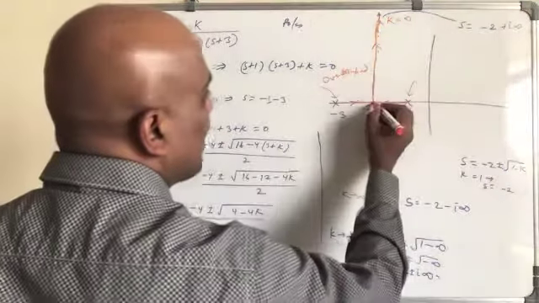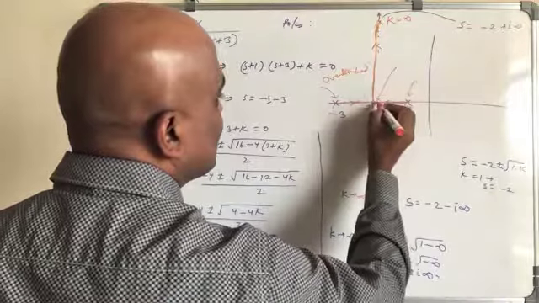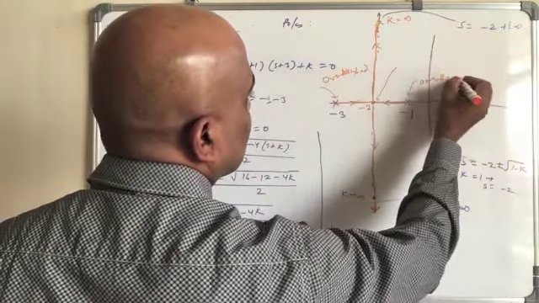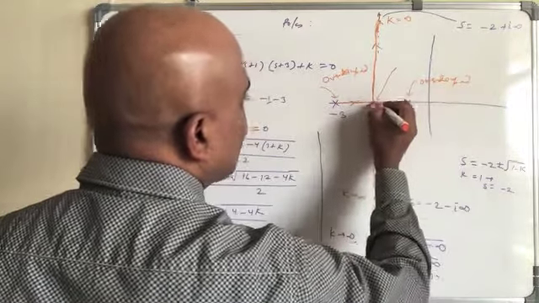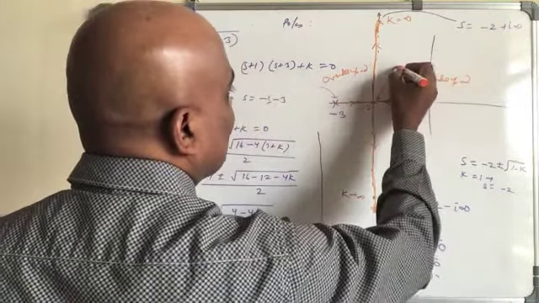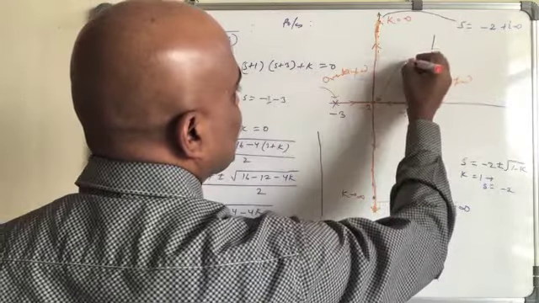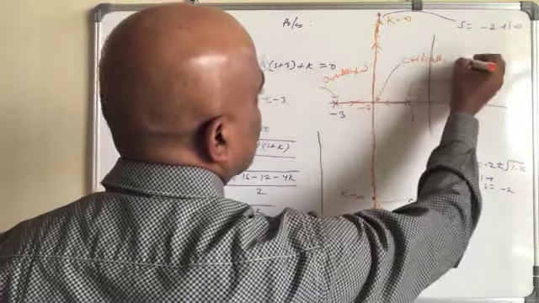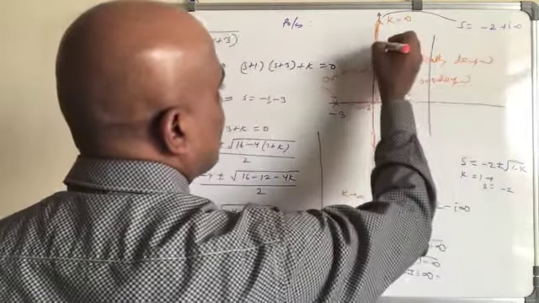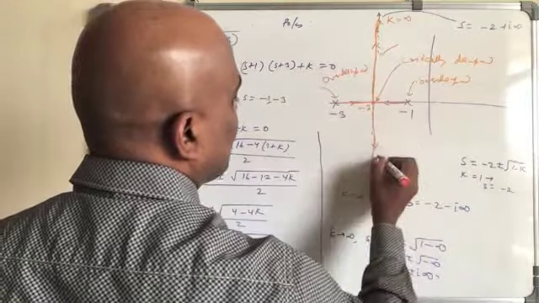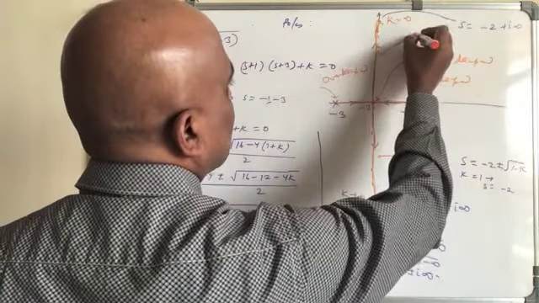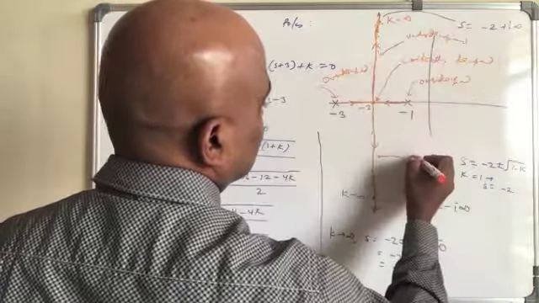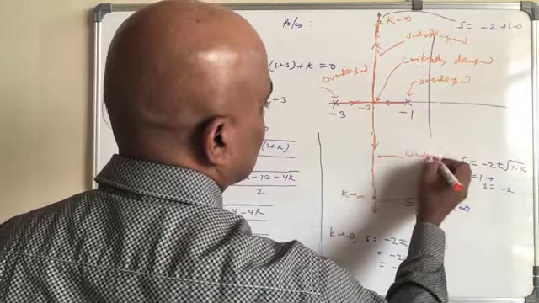And then this point is also overdamped. This point where both the roots become the same is a critically damped system, and the rest, here or here, is an underdamped system, because it has complex roots.